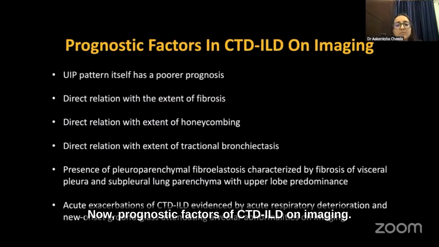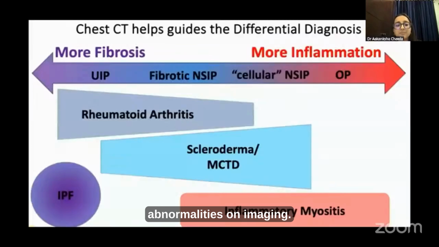Now, prognostic factors of CTD ILD on imaging. The UIP pattern itself has a poor prognosis, and there is a direct correlation to the extent of fibrosis, honeycombing, as well as traction bronchiectasis. Acute exacerbations are evidenced by acute respiratory deterioration and new ground glass attenuation with alveolar abnormalities on imaging.